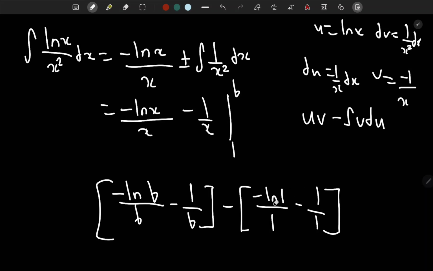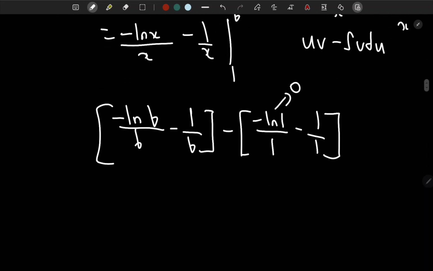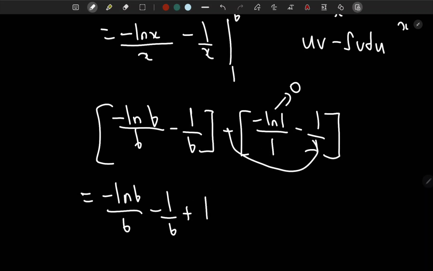Now we know that ln 1 is 0, so we can just equate this to 0. So now all that's left here, if I simplify, is going to be equal to minus ln b over b minus 1 over b. This is 0, so it's just going to be plus 1, since this minus is going to be distributed over here, and that is also 1.